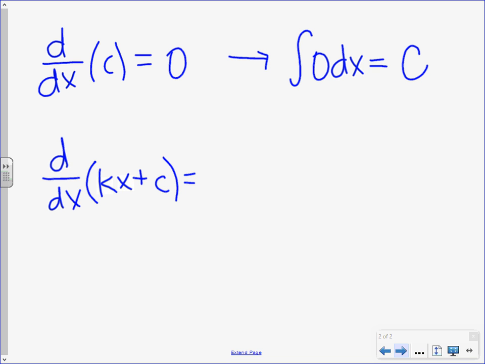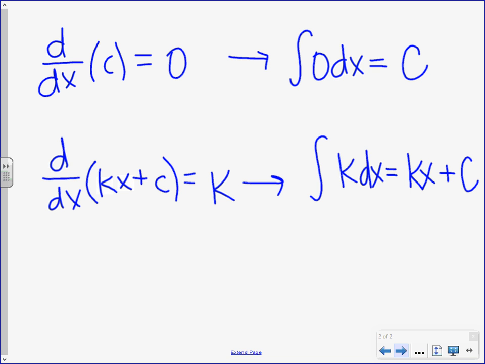And you feel good about K? Therefore, if we have the antiderivative of some number, its antiderivative is kx plus a constant. That is what you basically figured out in number 1 and 2 on that sheet, right?